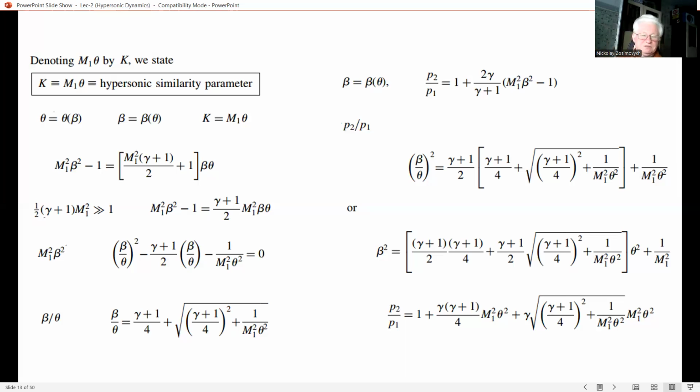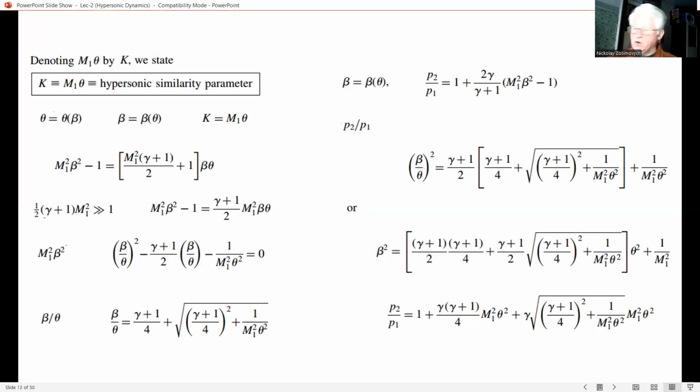So now return to our previous equation, which is an exact relation for the pressure ratio across an oblique shock wave. Assuming small angle, this becomes our expression for P2 over P1: 1 plus 2 gamma over gamma plus 1 times (M1 squared beta squared minus 1).